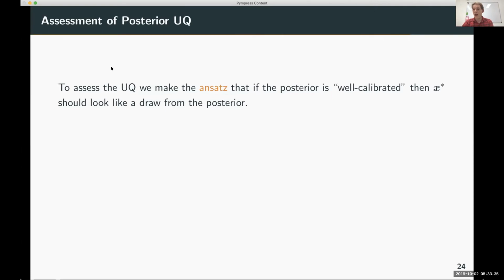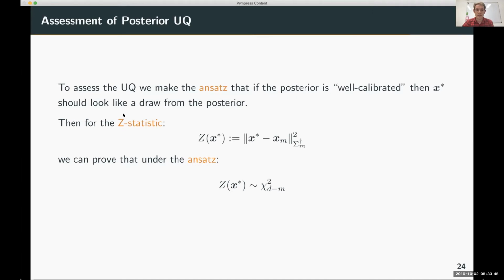Then we'll assess whether those random x stars, those random linear system solutions, look like draws from the posterior by evaluating this statistic, which I call the Z statistic here. So Z of x star is the norm of x star minus x_m, squared, and it's the norm with respect to the matrix Sigma_m dagger. Sigma_m dagger is the Moore-Penrose pseudo-inverse of the posterior covariance.